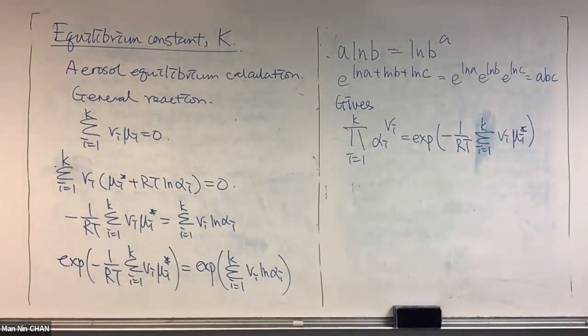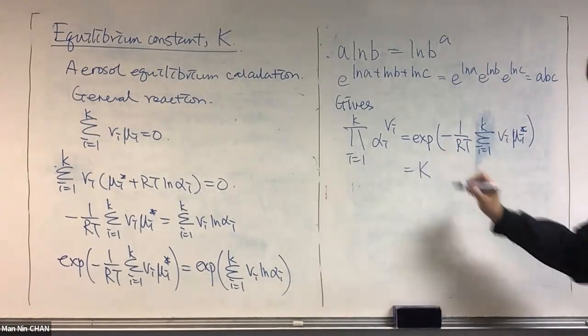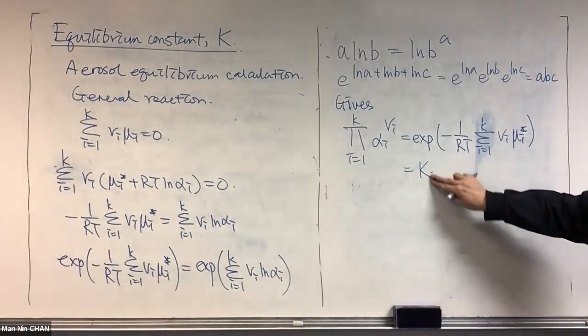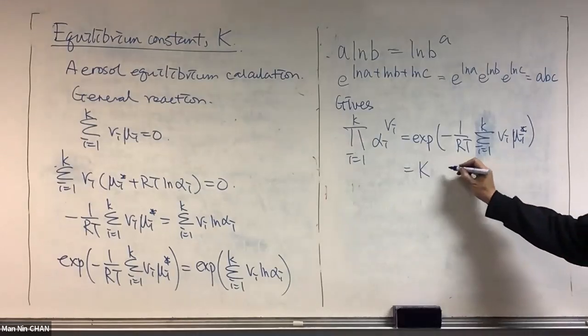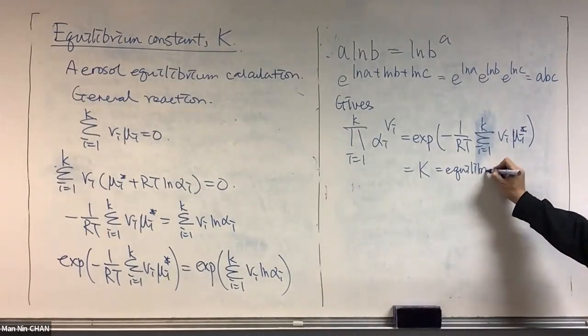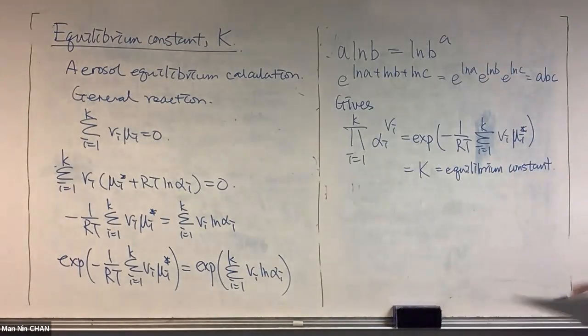And if you look at the right-hand side here, actually this will be just your equilibrium constant of your reaction. And this is just your equilibrium constant. Because of the time, let me stop here for today.